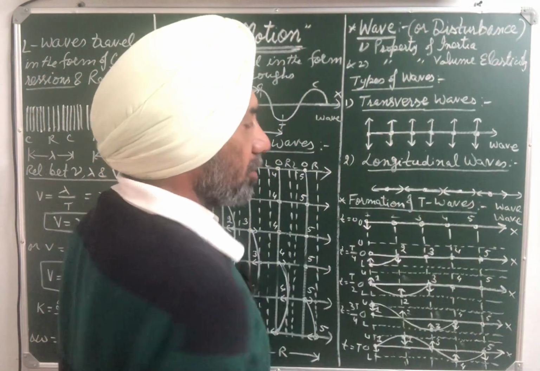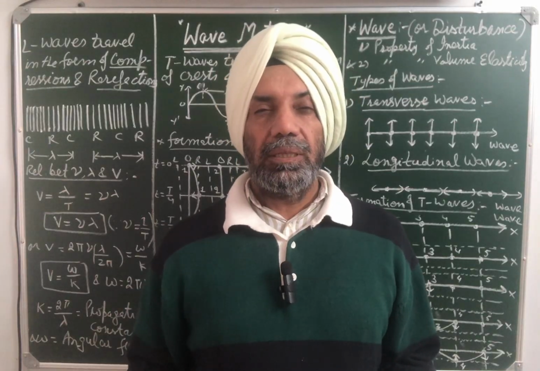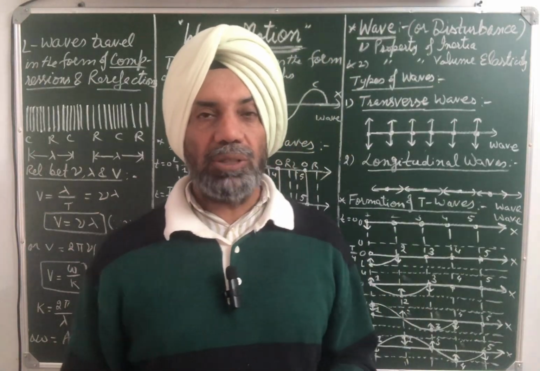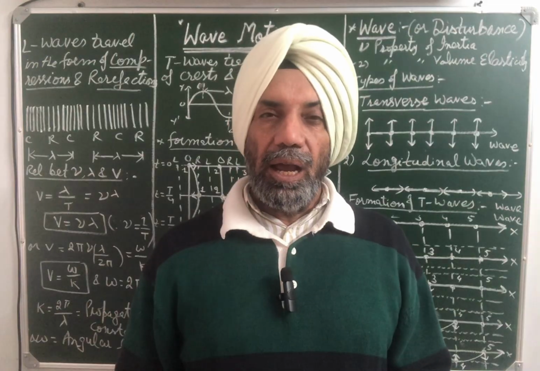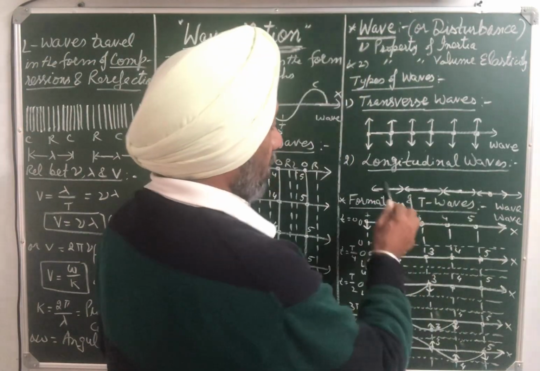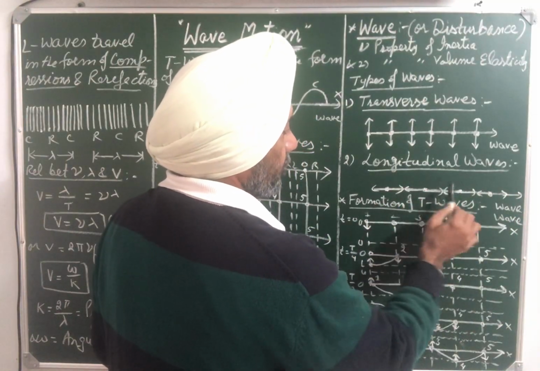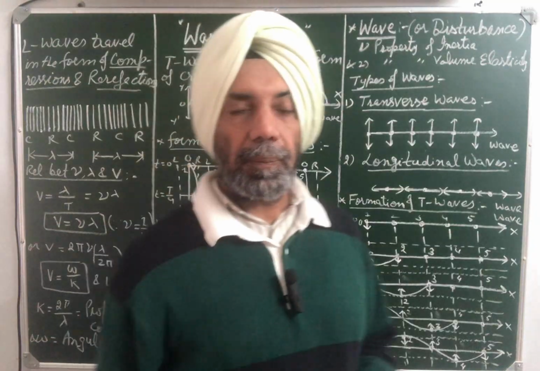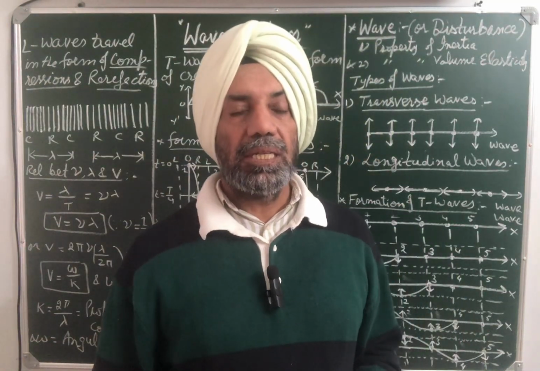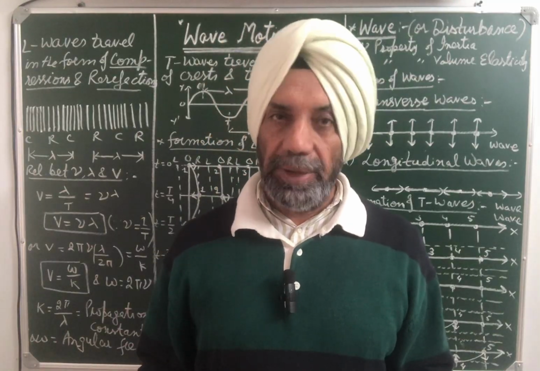Then longitudinal waves are those waves in which the particles vibrate about their mean positions along the direction of propagation of the wave. So if a wave is traveling from left to right, particles vibrate about the mean position like this. For example, sound wave is an example of a longitudinal wave.